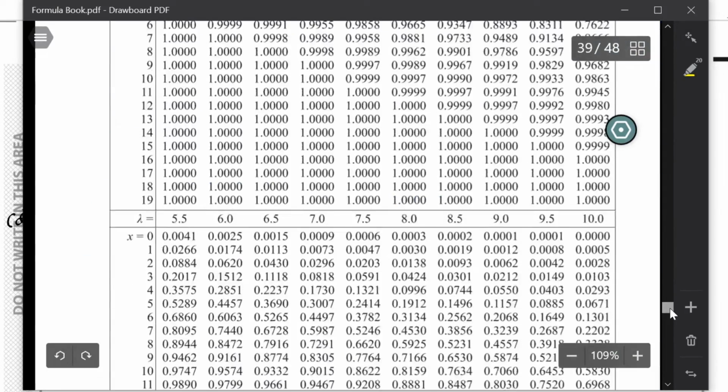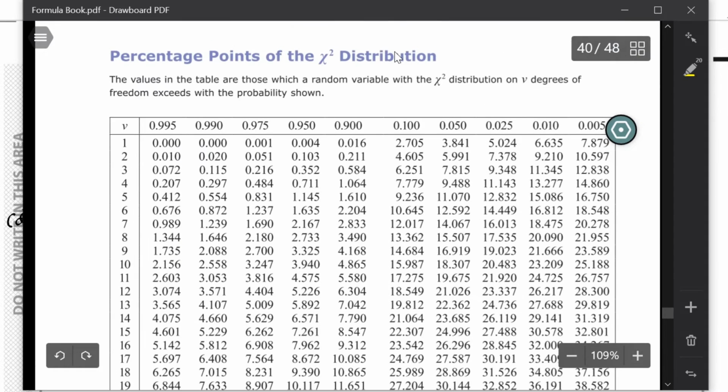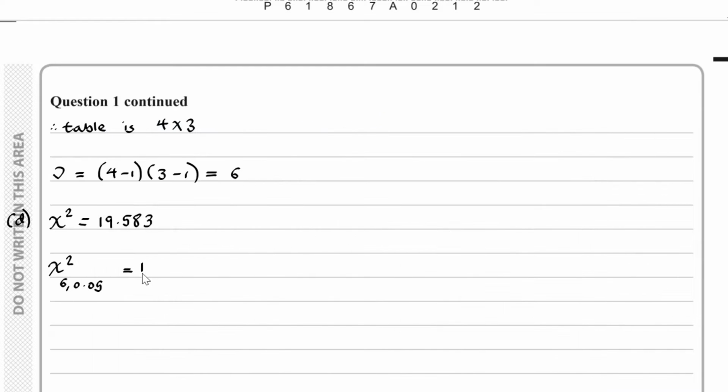So just go to this table over here. We have 6 degrees of freedom, 5% level of significance. You'd find the critical value to be 12.592.